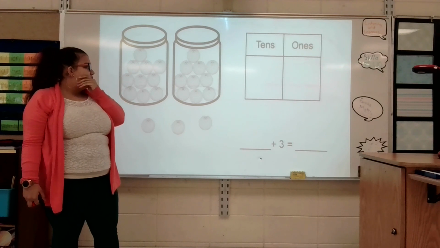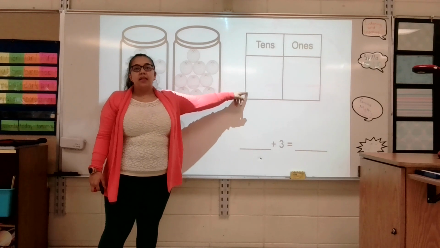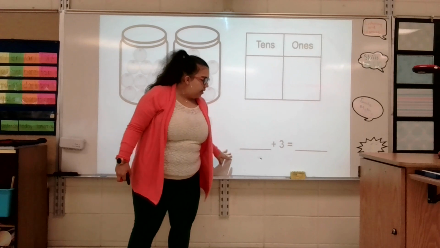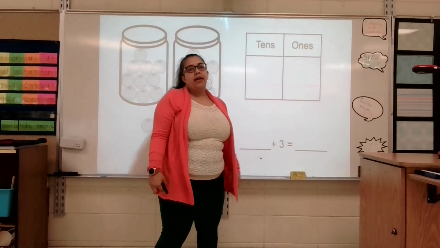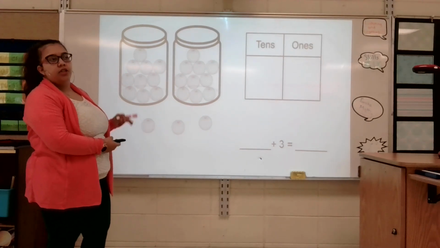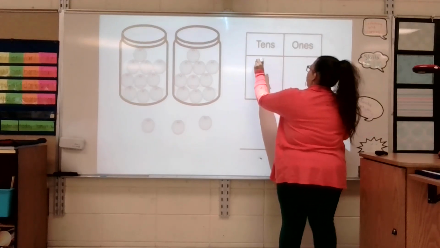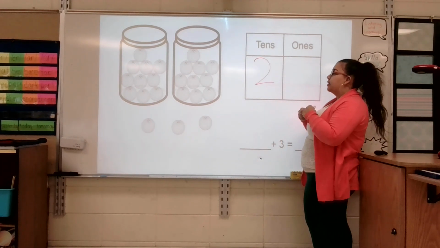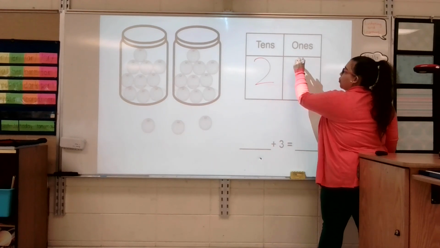Alright, this time we've got these marbles again, only this time we're using a place value chart. Good, we have a place value chart. And we want to depict it as a number sentence. So blank plus 3 is equal to blank. Well, what do we have? 2 jars, which is 2 tens. So 2 jars is 2 tens. Good. And the value of 2 in the tens place is 20. Good. And how many ones are we given? 3.